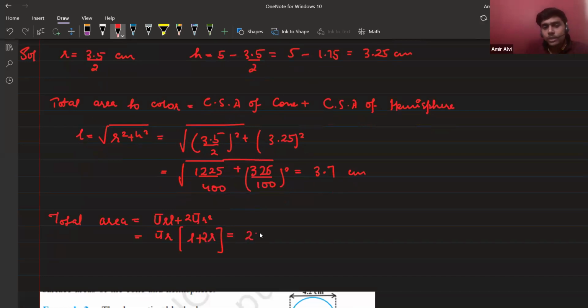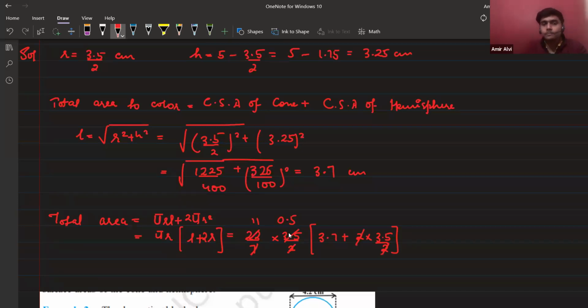So the pi value is given already, 22 by 7, into r, which is 3.5 by 2, into l, which is 3.7, plus 2 into 3.5 by 2. So this 2 will cancel this, and 7 will cancel this 3.5 by 0.5 times, and 2 will cancel this, leaving 11 times. Is this step clear to everybody? Please let me know. Yes, sir.